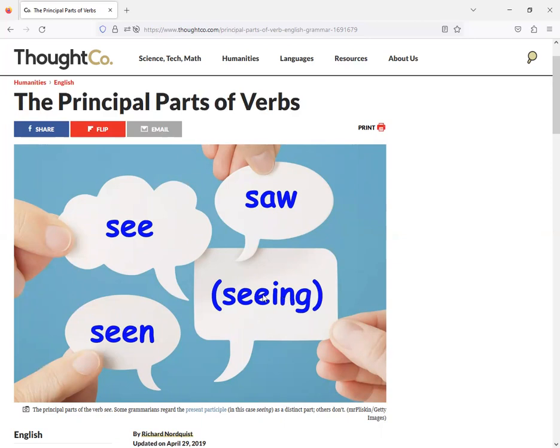So the present participle, we use it in the continuous tenses, like present continuous and past continuous. But the third form, the past participle, we use it in the perfect tenses, like present perfect and past perfect. Okay.